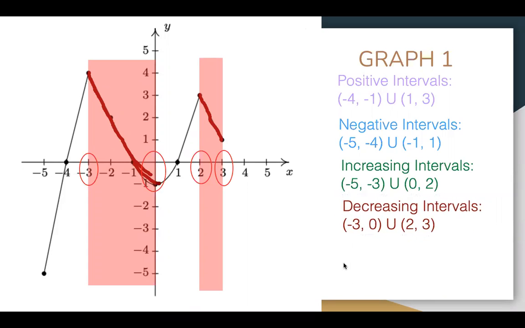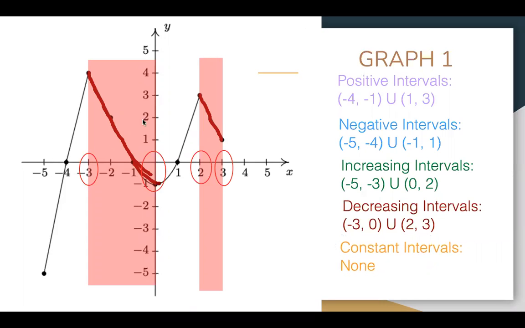The last type of interval we have is a constant, and that means my graph is going completely straight. So I should see a line like this. I don't have that anywhere in my graph. So for constant intervals, I'm going to say none.